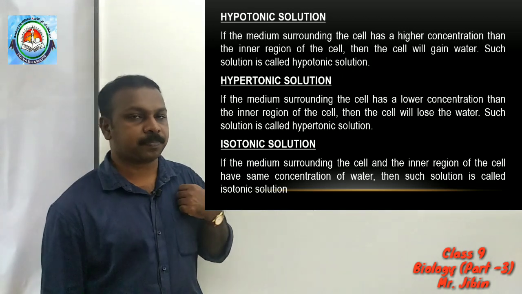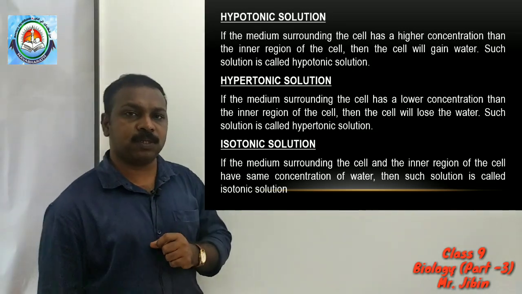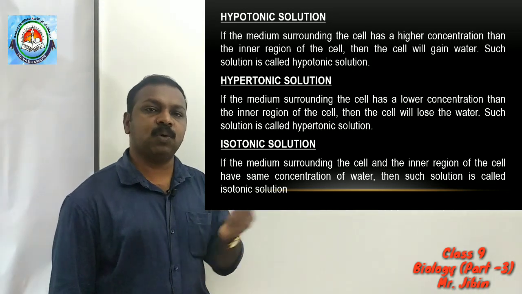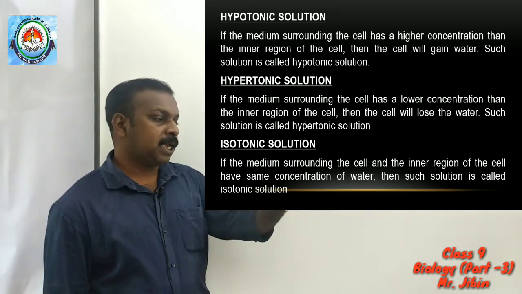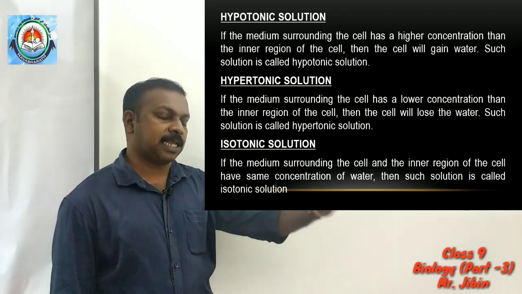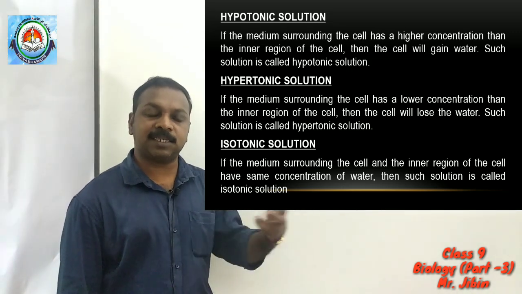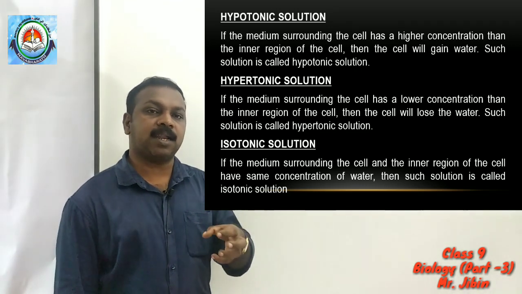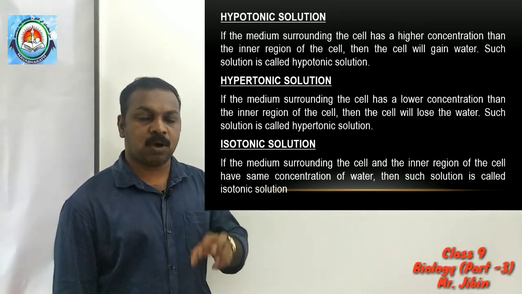Clear? Okay. Now hypertonic solution means, if we keep a plant cell in a solution, suppose water molecules are present inside the cell, but in the outer region, in the solution, the water content is very low, a lower concentration.